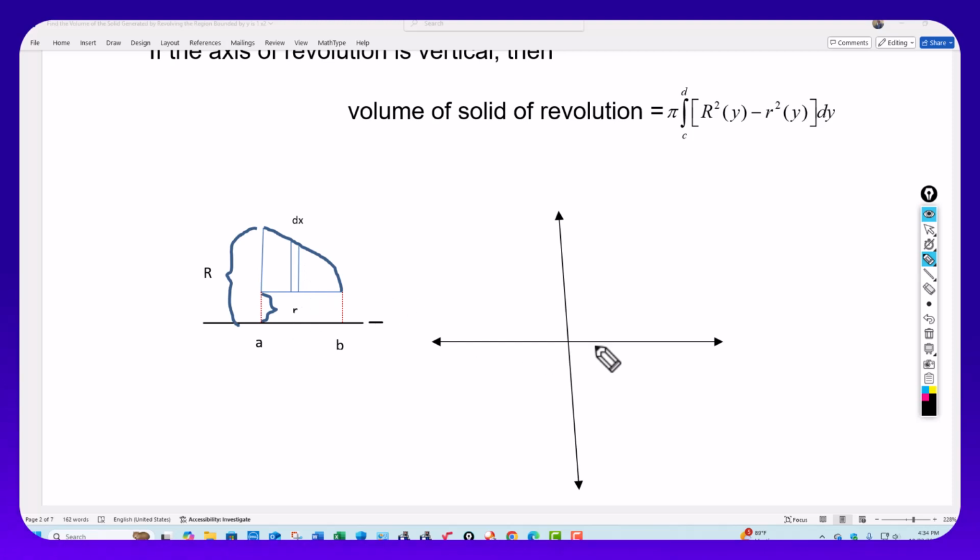Now, let's say you're rotating something like this: you form your rectangular strip and rotate it about this axis, which could be a horizontal line somewhere over here. This would only have capital R, one radius, because since it touches the axis, small r would equal 0.